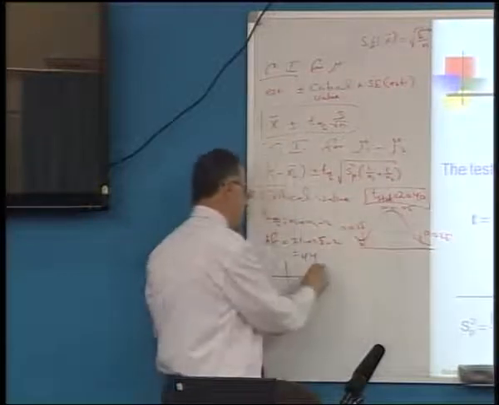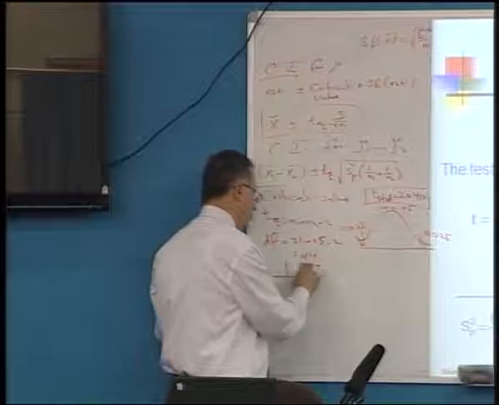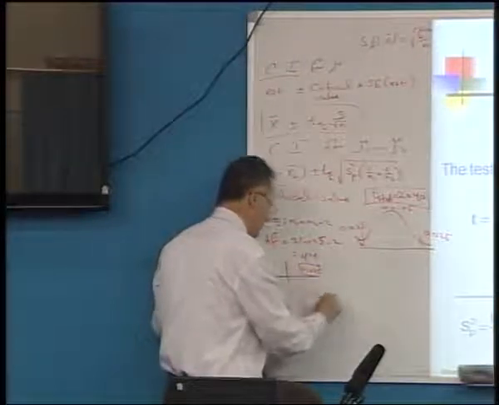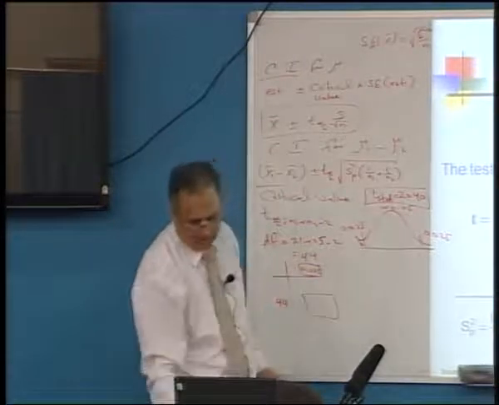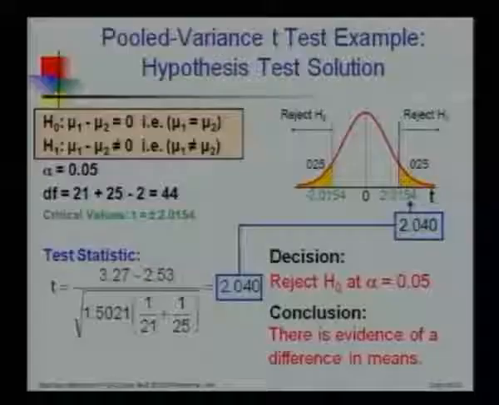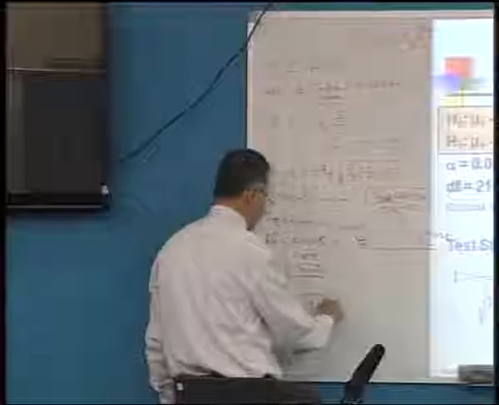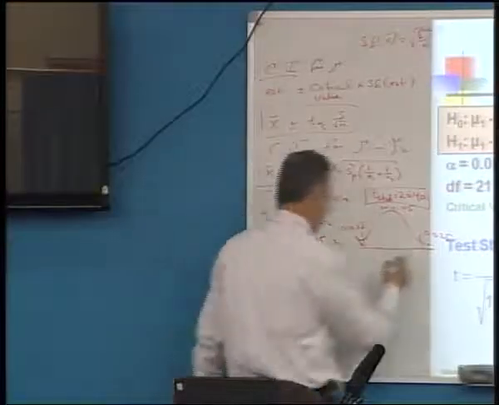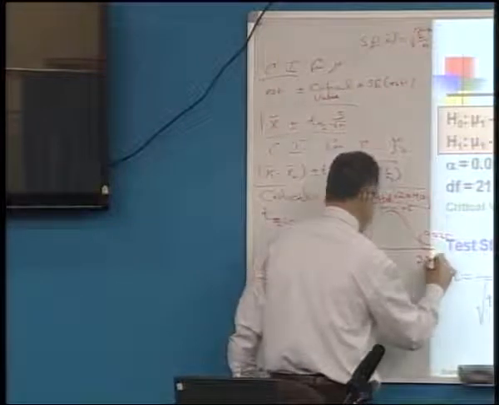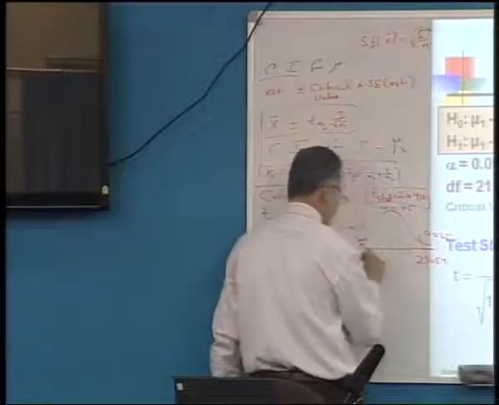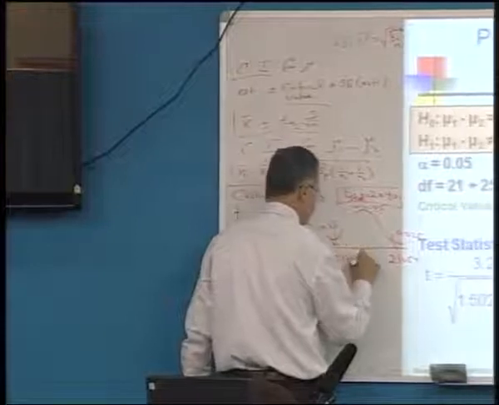So we are looking in the upper tail for 0.025, and this amount is 2.0154. So this point is 2.0154, the other is negative 2.0154.